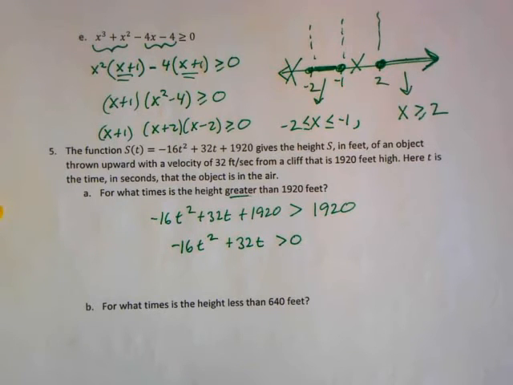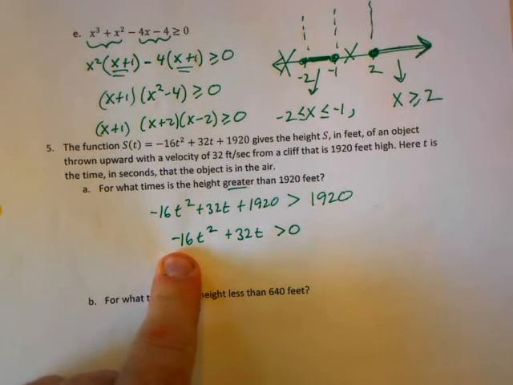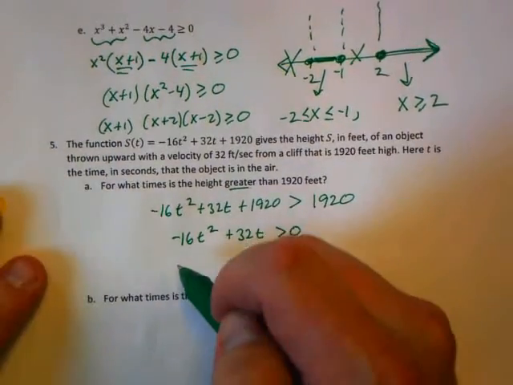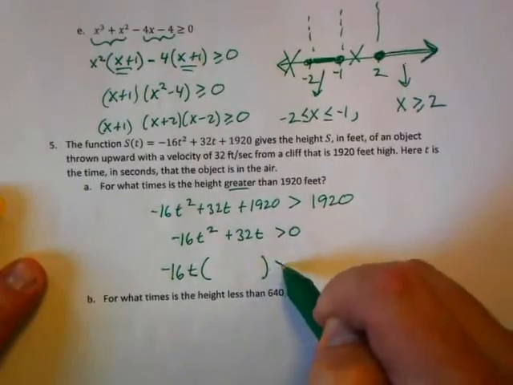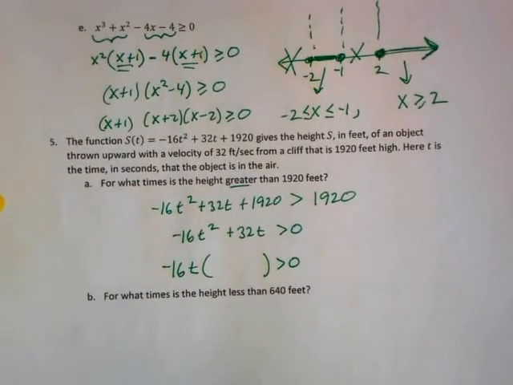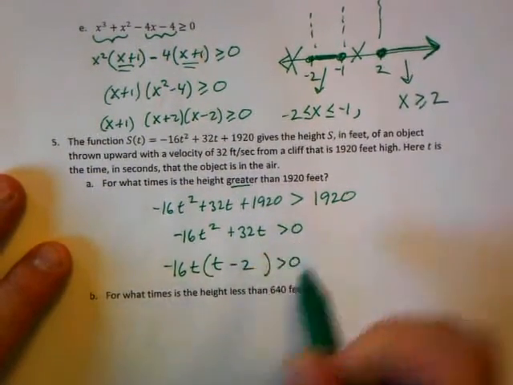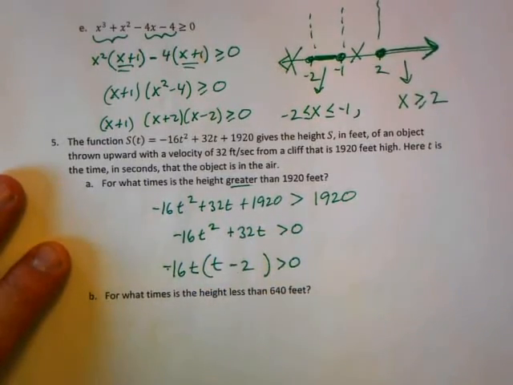In fact, I'm going to take out a negative 16 since the first thing is negative. Any common variables? T. My greatest common factor is a negative 16t. When I take out negative 16t, what's left over? T minus 2, because when I take out a negative 16, the sign in the middle changes.